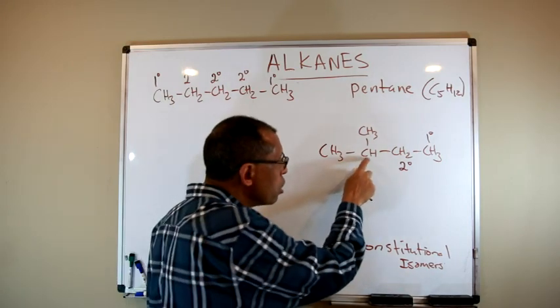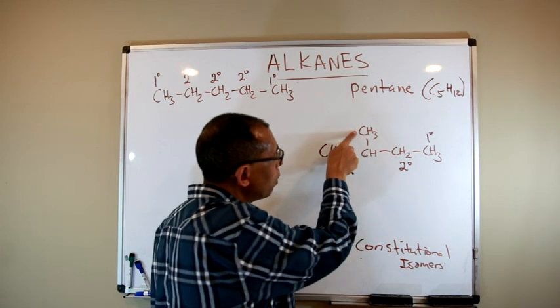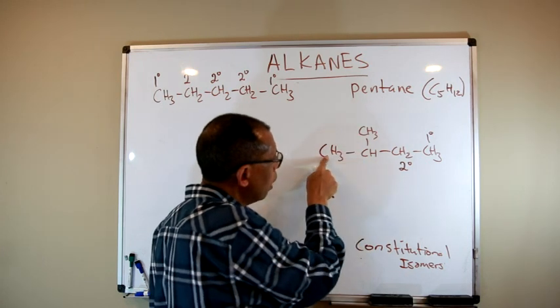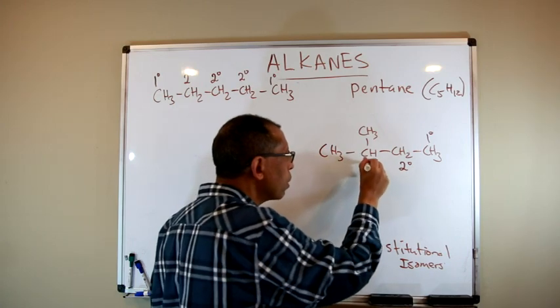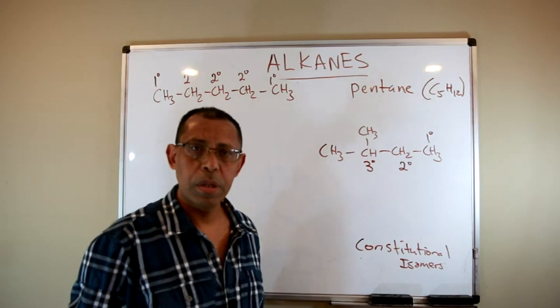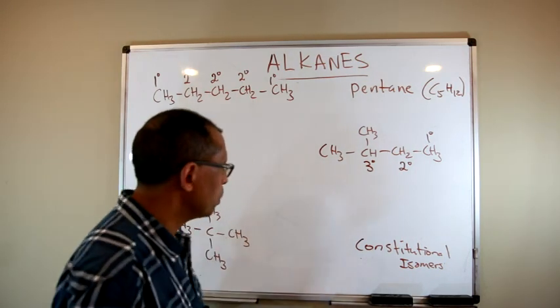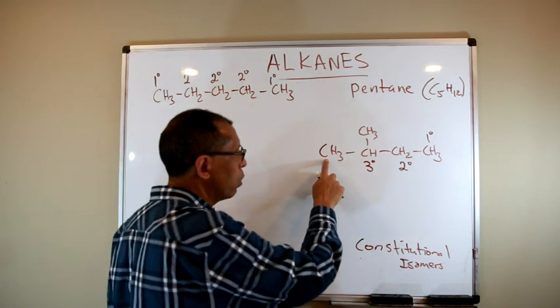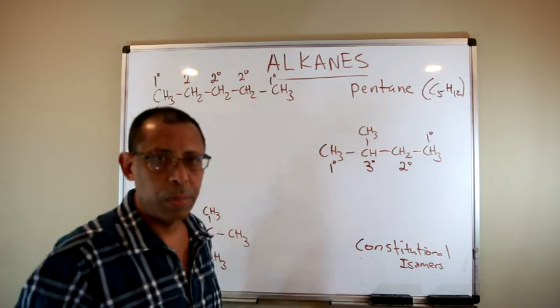Pay attention to this one. This one is attached to this carbon, 1, to this carbon, 2, and to that carbon. So this one particularly is a tertiary carbon because it is attached to 3 different carbons. This one is only attached to that, so it is a primary carbon.